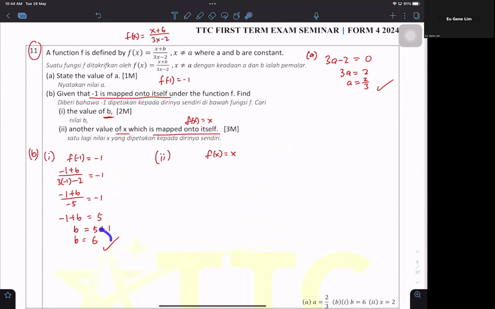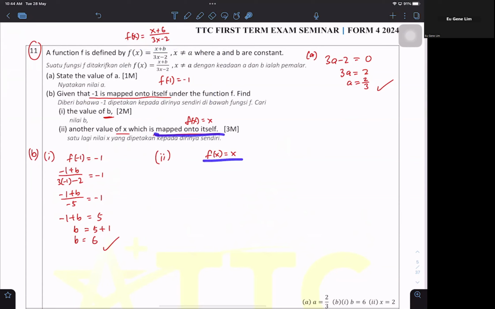Because I just found out the b. The b is 6. So I put it into the function, x plus 6, then only I go do the next one. Understand what I'm trying to tell you here? Every time you find out the unknown already, you put it back to the question, and you write out the actual one.